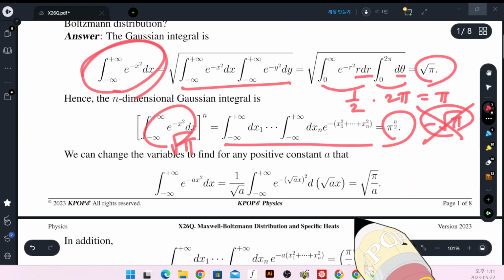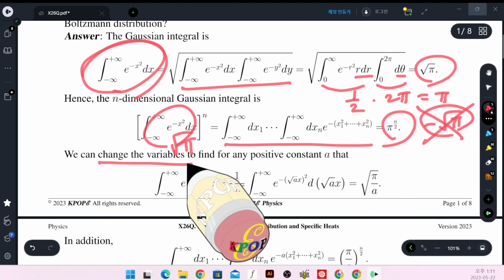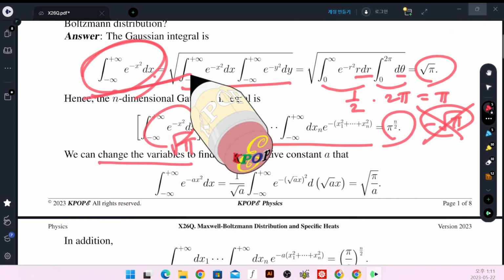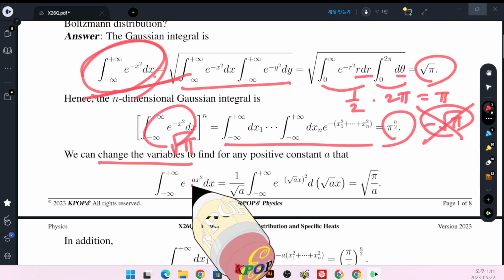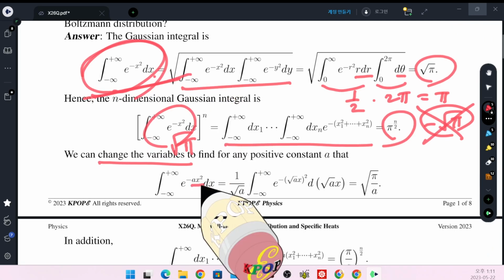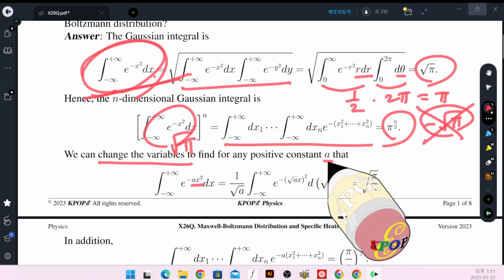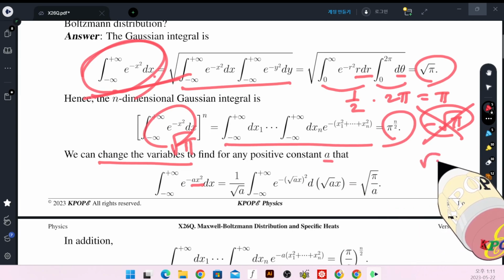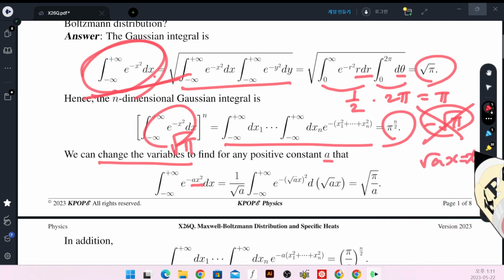We can change the variables to make use of this Gaussian integral to evaluate a slightly different integral with positive constant alpha as a parameter. And we can change a variable by taking square root of alpha x equals t, something like that.